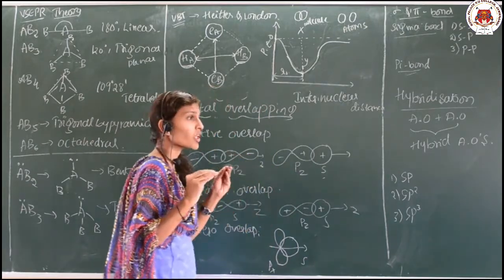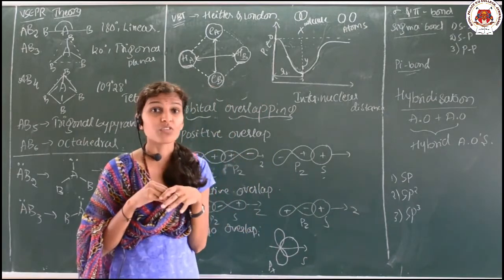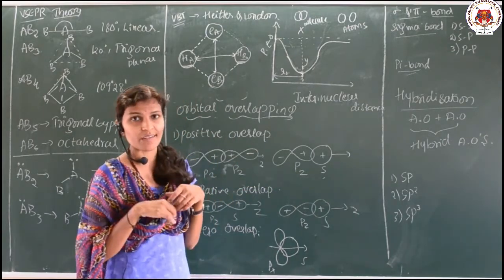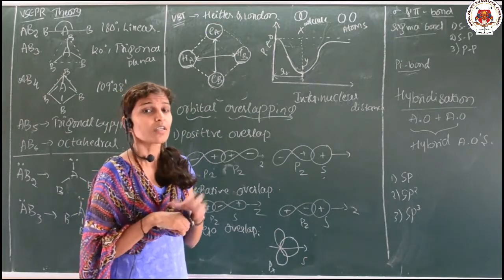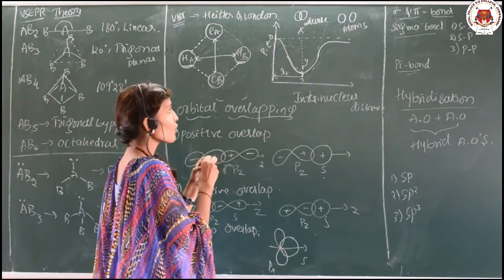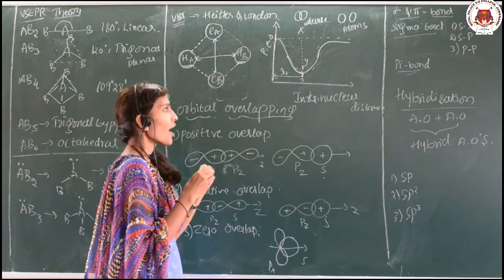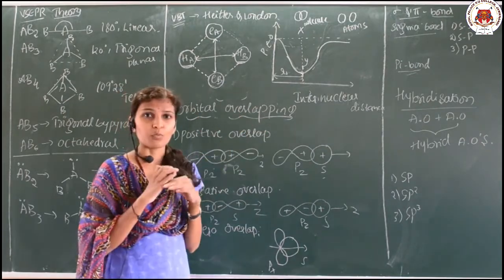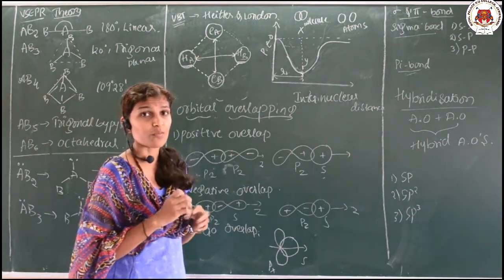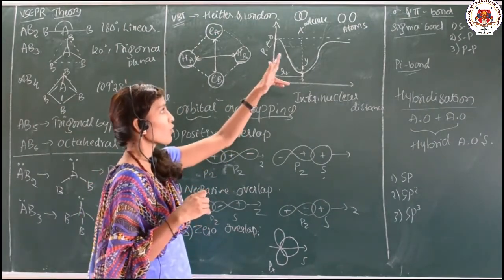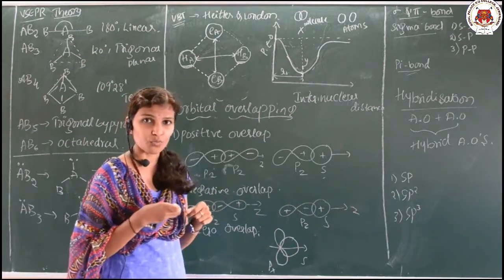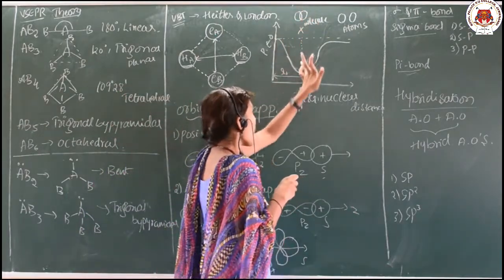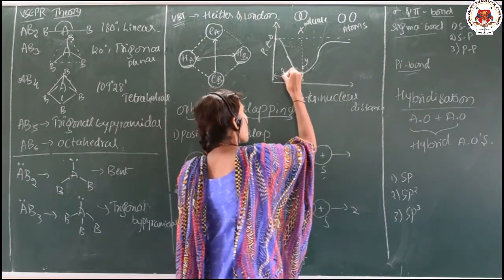As they approach, the attractive forces are more and the potential energy decreases. At exactly the right internuclear distance, the attractive and repulsive forces balance each other, the atoms combine and form a covalent bond, forming a molecule at the internuclear distance R0.